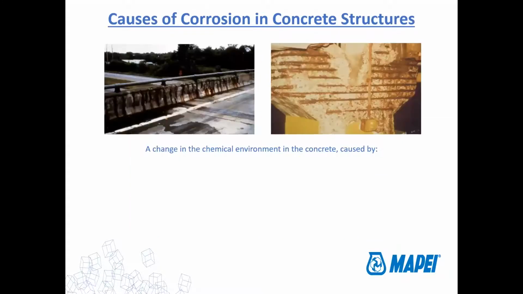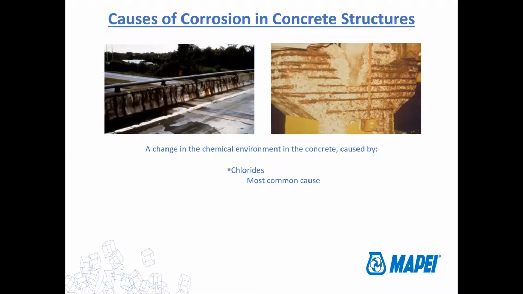So there's really a few different causes of corrosion in concrete, and it's always due to a change in the chemical environment in the concrete. This change can be caused by several different things. The most common, of course, is going to be chlorides.